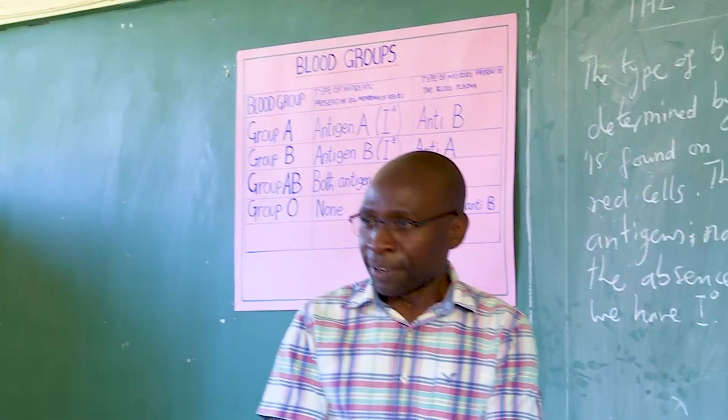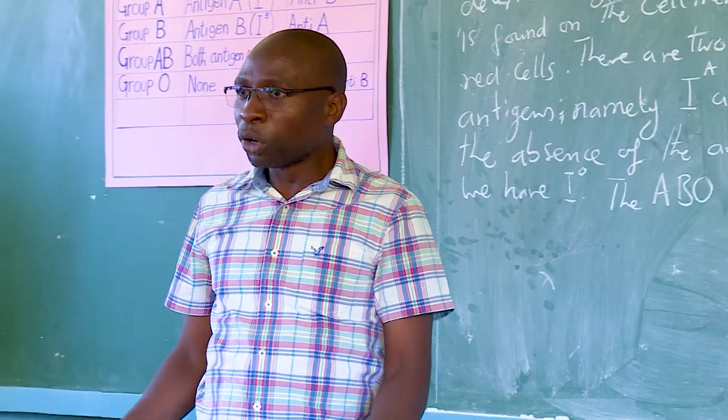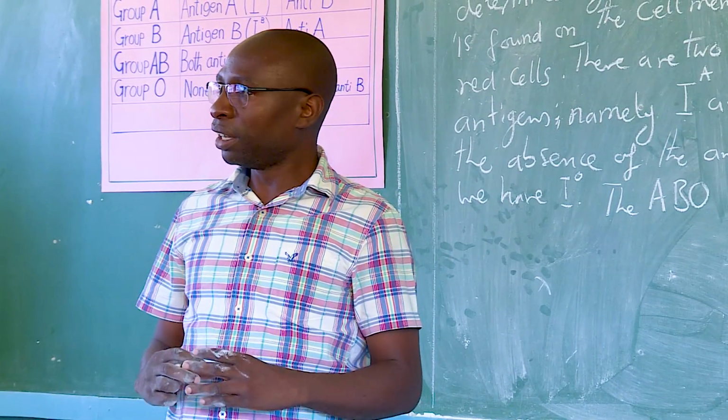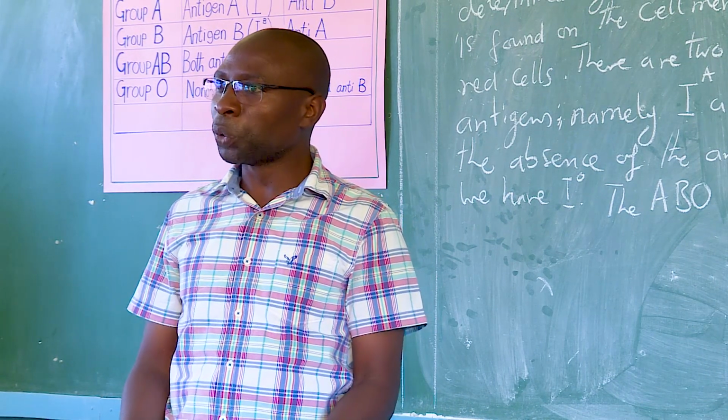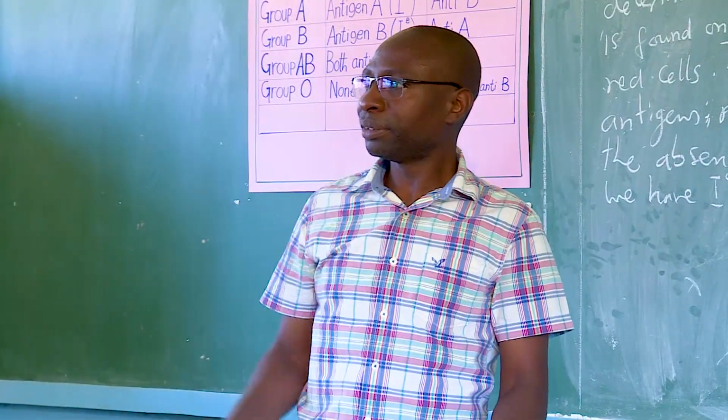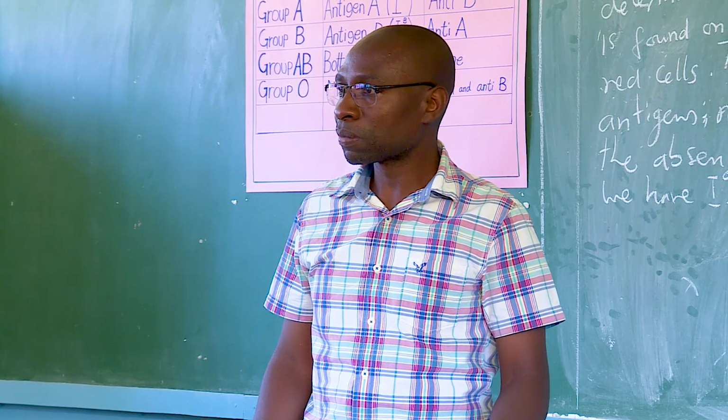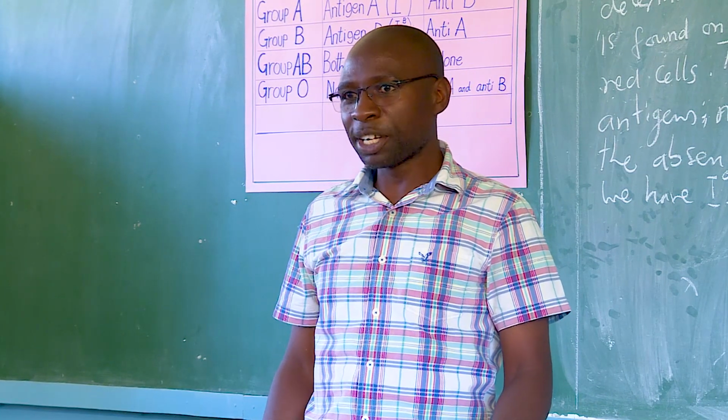Okay? Then, apart from just having the antigen, what other factors in the blood are going to enable us to know that this one is blood group A or blood group B? Yes, Pamela? The type of antibodies.